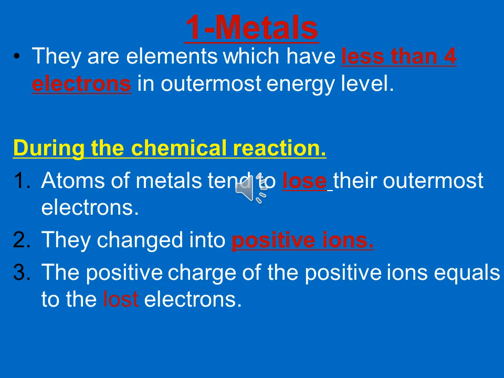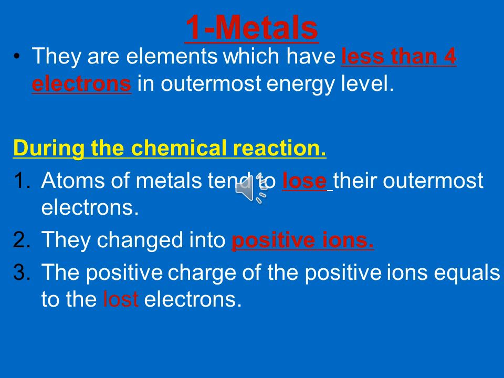In groups, by increasing the atomic number from up to down in the vertical column, the atomic size increases. Why? Give reasons. Because by increasing the atomic number, we need more energy levels to distribute the electrons.